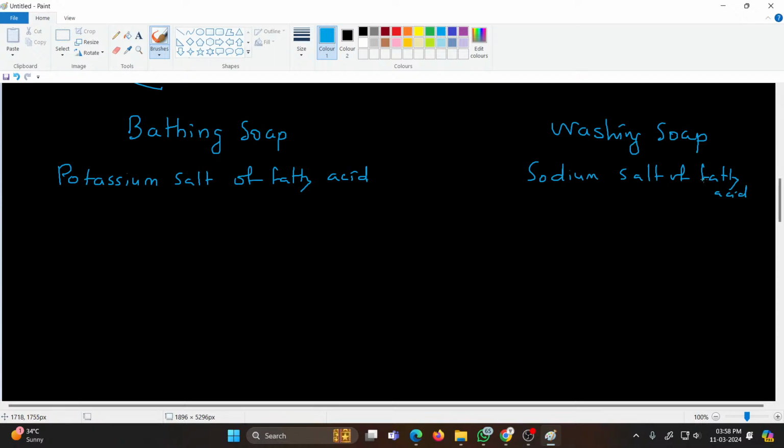In the bathing soap, high quality fats are used, high grade fats and oils. Whereas in the washing soap you have low grade fats and oils.